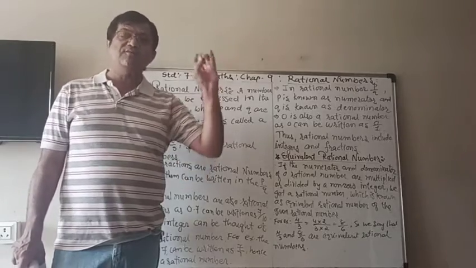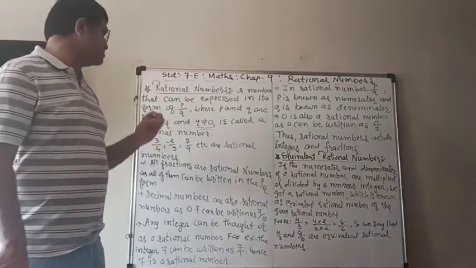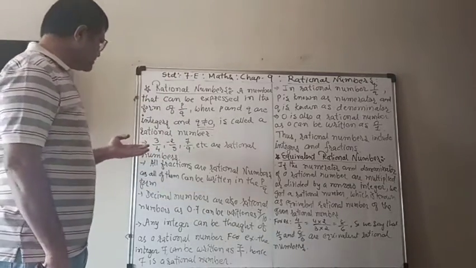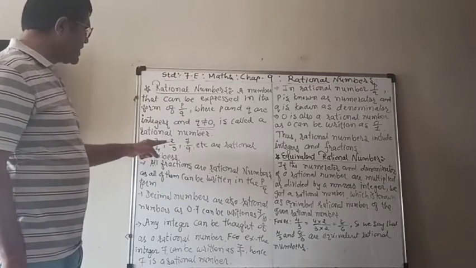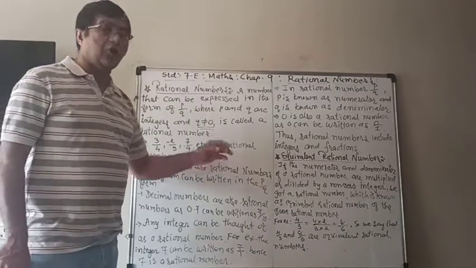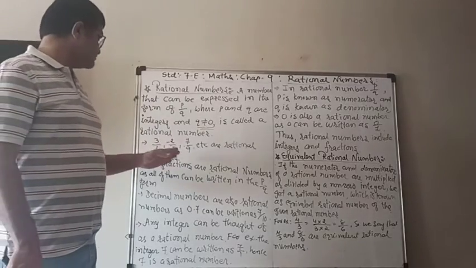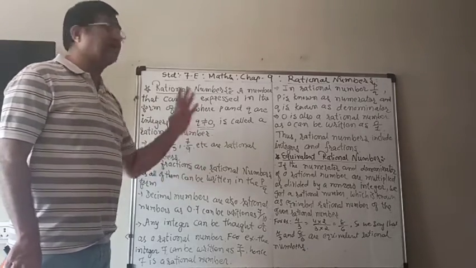It can be 0, it can be positive, or it can be a negative integer also. For example, you can see here 3 upon 4, minus 2 upon 5, 7 upon 9, etc. All are rational numbers.